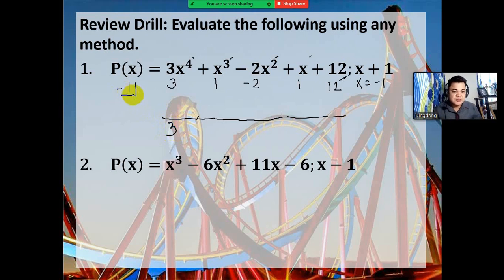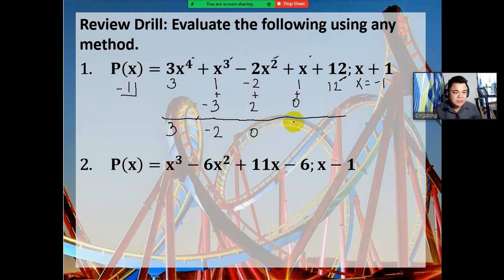So 3 times negative 1 is negative 3. You put it here and then add. Negative 3 plus 1 is negative 2. Then multiply again by negative 1. Negative 2 times negative 1 is positive 2. And then negative 2 plus 2 is 0, of course, because they are opposites. So therefore it's 0. 0 times negative 1 is 0.